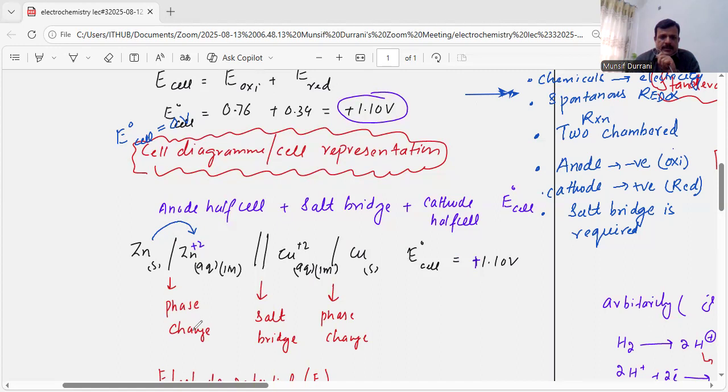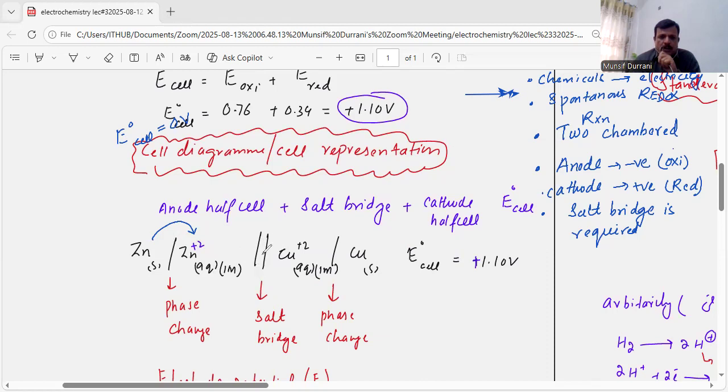This single line represents a phase change. We must mention the concentration of the electrolyte, which in standard electrode potential we always take as 1 molar. So zinc converts into zinc ion in aqueous solution.